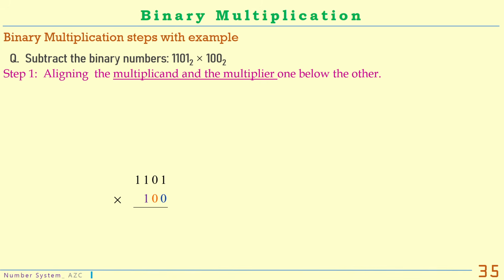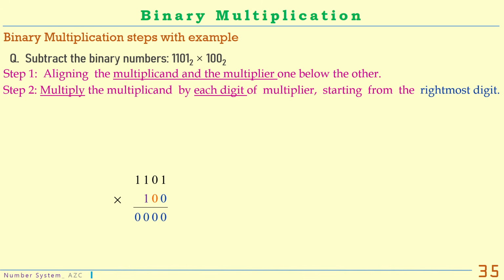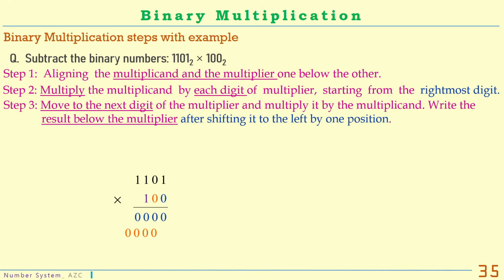Step 1. Aligning the multiplicand and the multiplier one below the other. Step 2. Multiply the multiplicand by each digit of multiplier starting from the rightmost digit. Step 3. Move to the next digit of the multiplier and multiply it by the multiplicand.